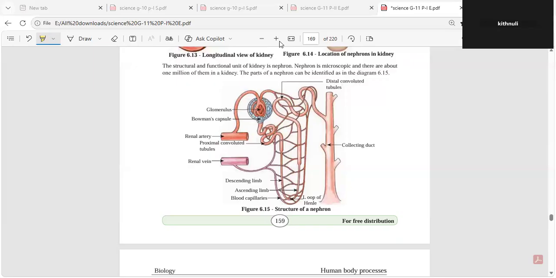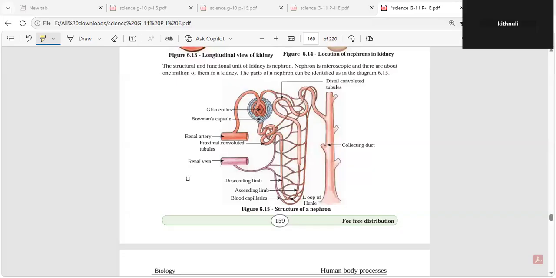And the nitrogenous waste and the other excretory products that are carried through the renal artery will be filtered in the glomerulus, and those products will be collected in the Bowman's capsule, and blood which is flowing through the renal vein will not have those excretory products. Clear? Yes. It will be filtered out. Right.